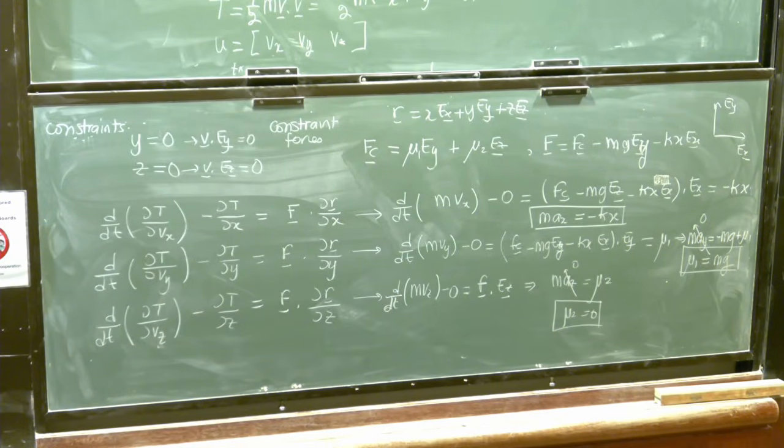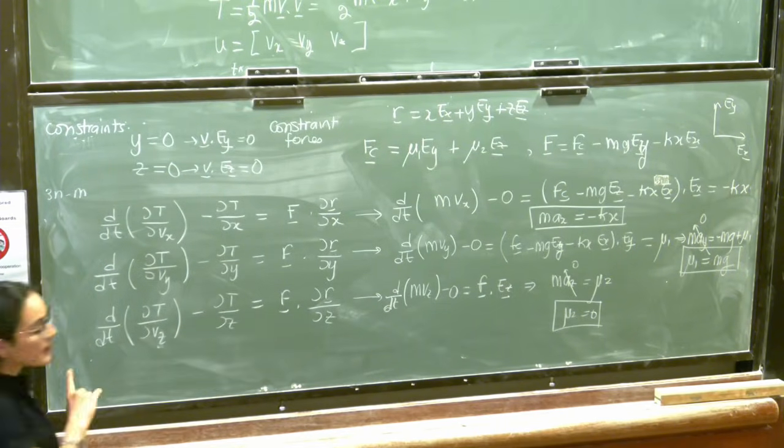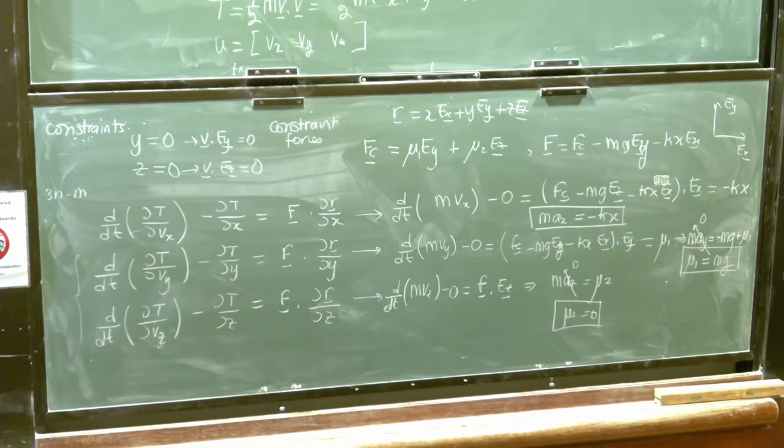Then when we solve Lagrange's equations of motion, the first 3n minus m equations are going to be the equations of motion, and they're uncoupled from the constraint force. And the last m equations are going to give us the holonomic constraint force. So we have this nice decoupling between the equations of motion and the holonomic constraint forces.